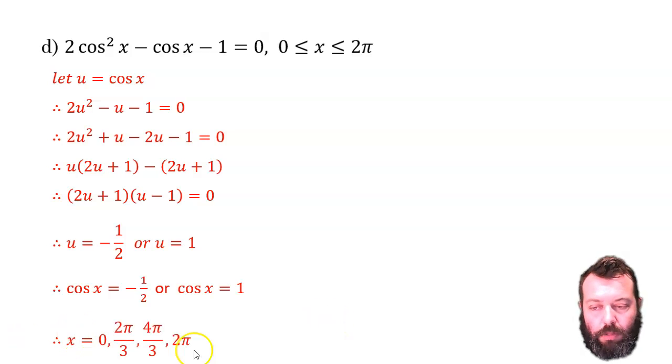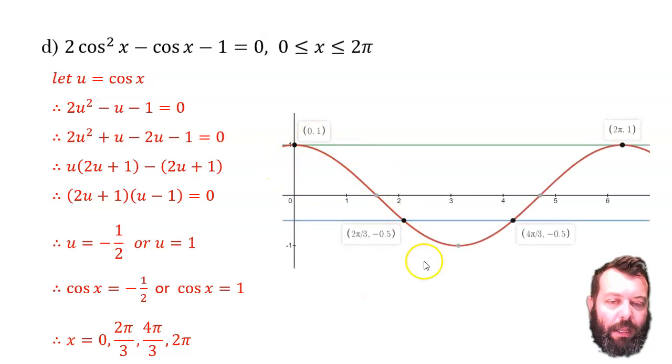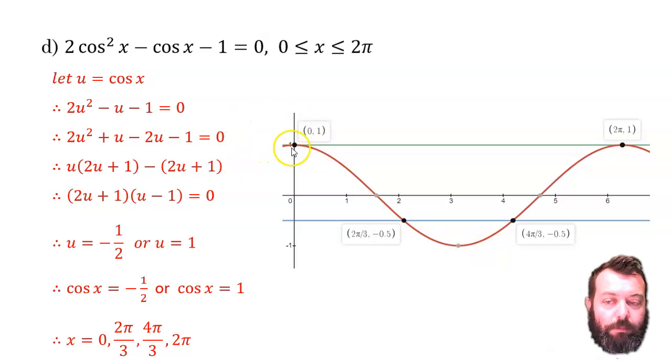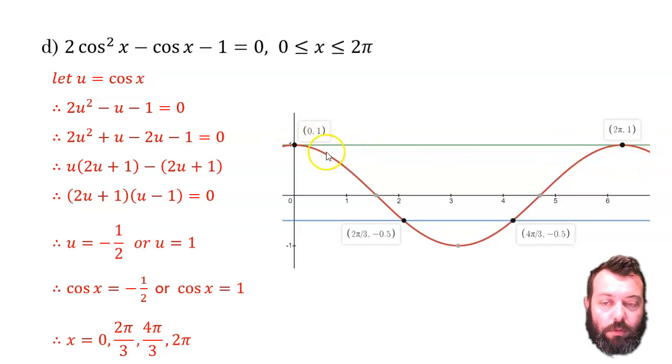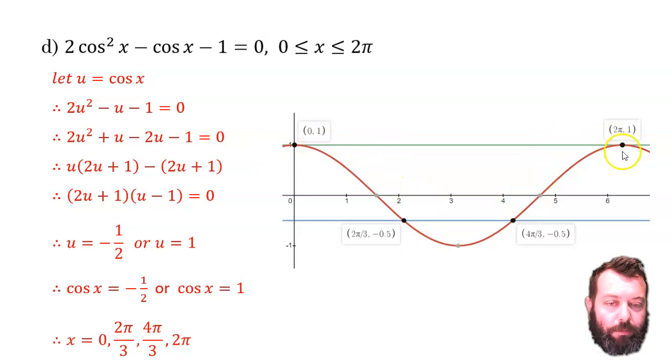Now, these are my solutions, and the best way I think to visualize them now, here's my graph, right? The red line here represents y equals cos x from about x equals 0 to x equals 2π. That's my red line. The blue line here is the line y equals a negative half.